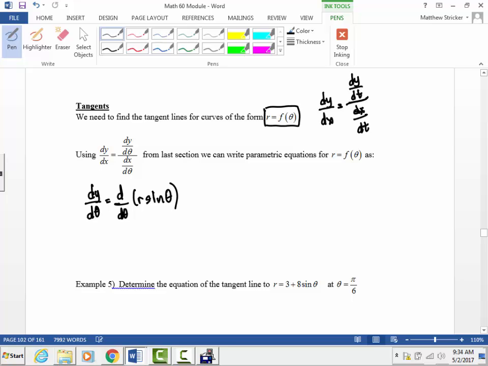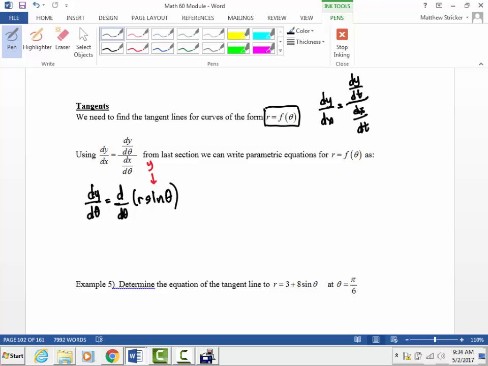Remembering, r is a function of theta. So we have a function of theta times sine theta. That's a function of theta times a function of theta.